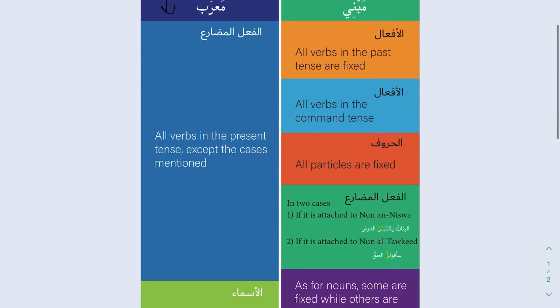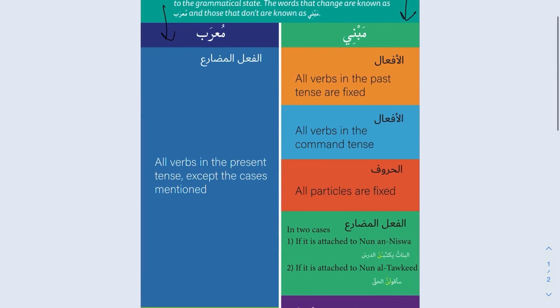All past tense verbs, al-af'al al-madiyah, they are mabni. So we gave the examples for past tense verbs. They're all going to end with the fatha.